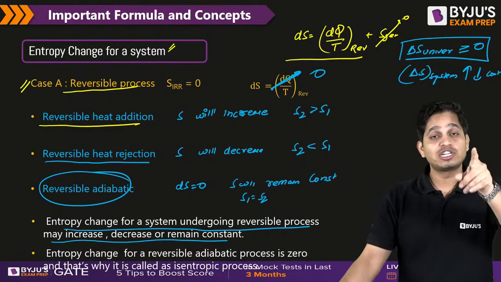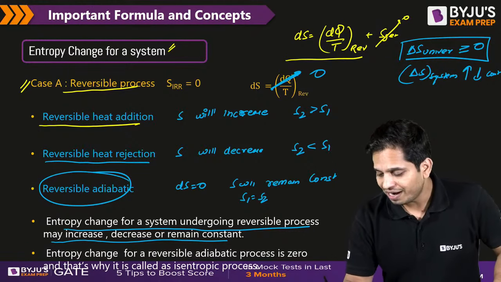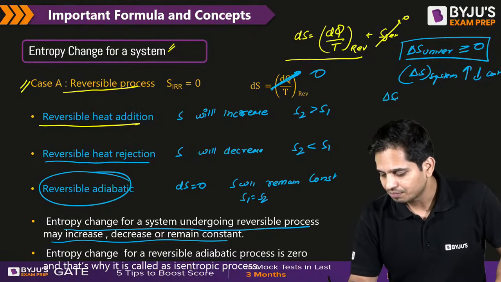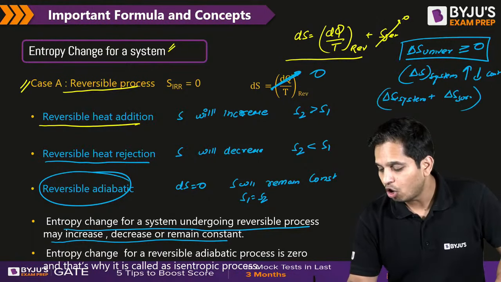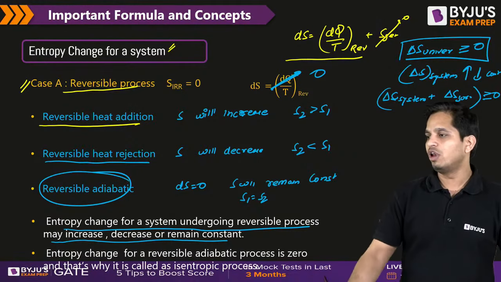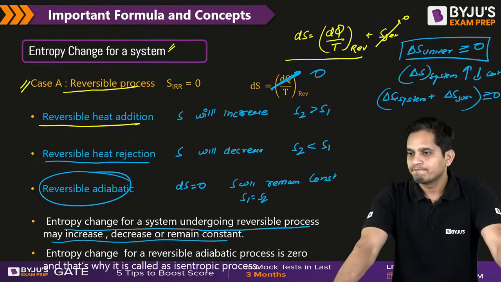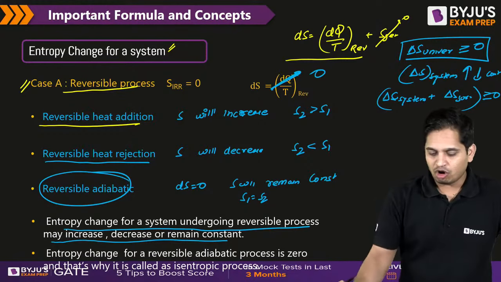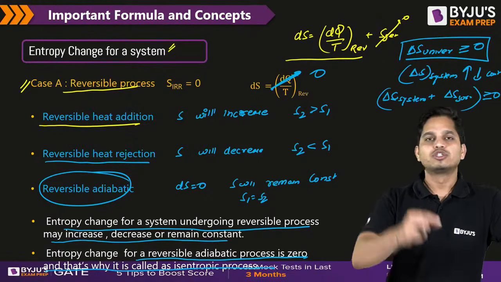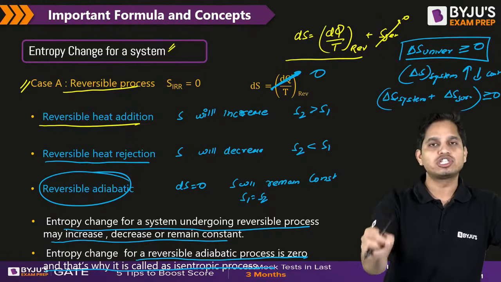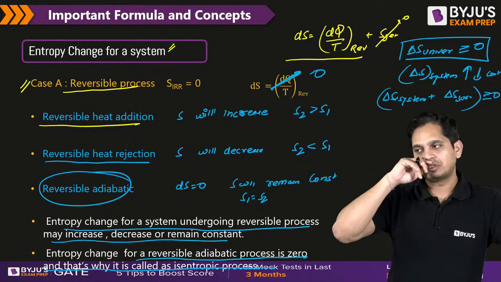But if you add system entropy and surrounding entropy, then it will only and only increase. Okay. Now entropy change for a reversible adiabatic process is 0, and that's why it is called an isentropic process. So a reversible adiabatic process is called an isentropic process.